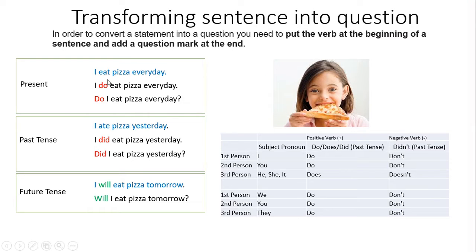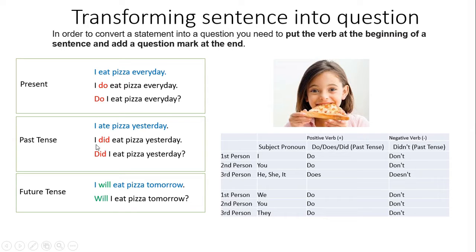Now let's take a look at the other tenses, past tense and future tense. I ate pizza yesterday. So to do that, you just add the word or the verb do in a sentence. But since this sentence happens in the past, instead of using do, you will use did.